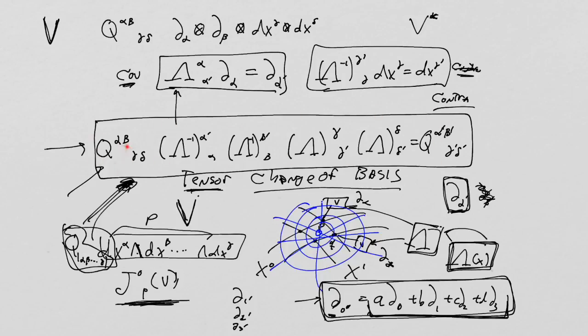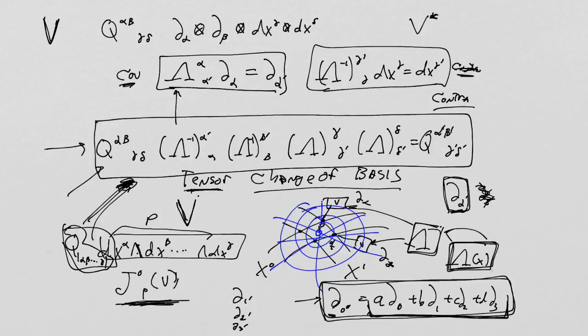This is what we're looking for: the value of a component in the primed system. I know the value of the components in the unprimed system because presumably I'm transforming a tensor whose value I know, and I needed to know these things.